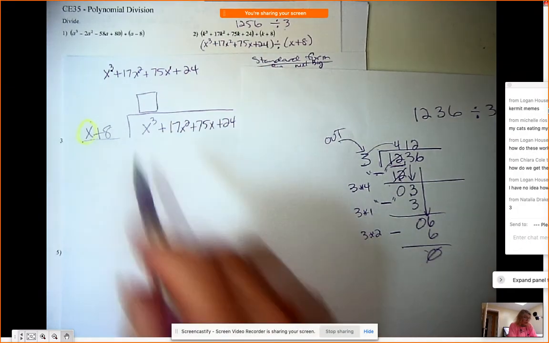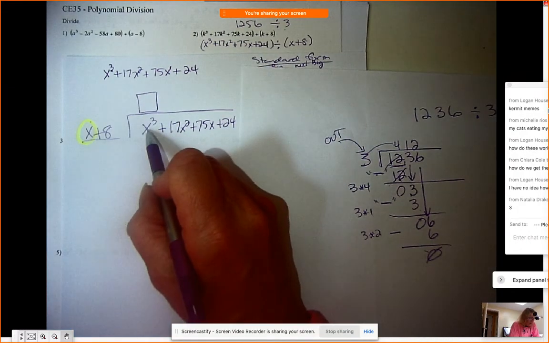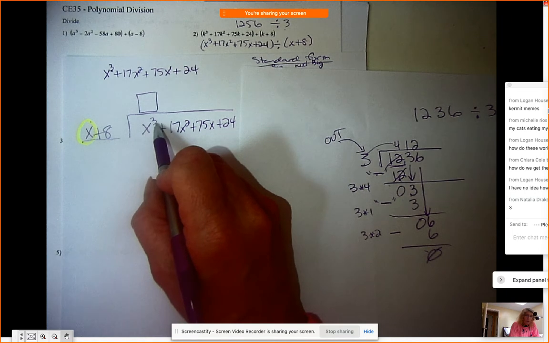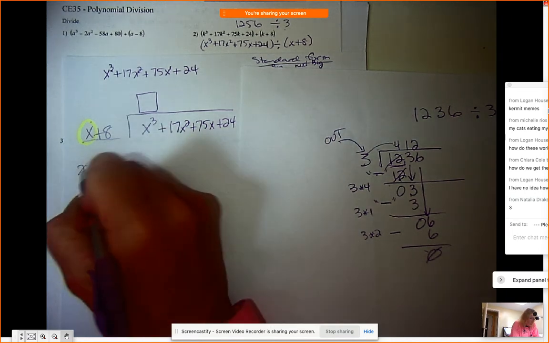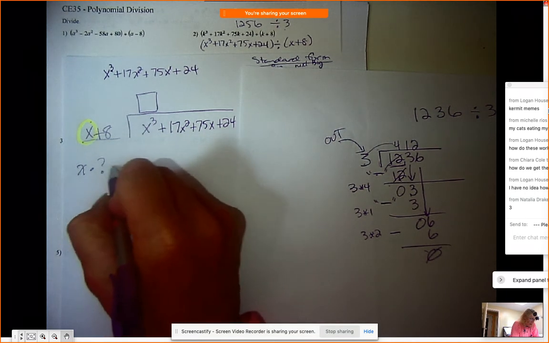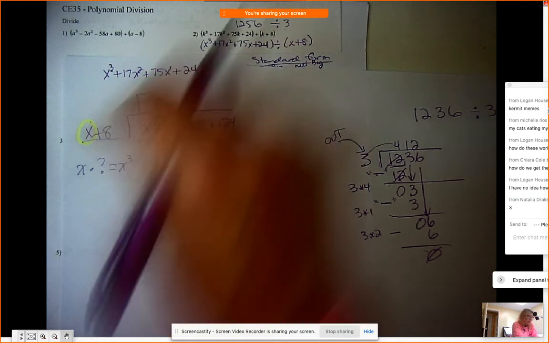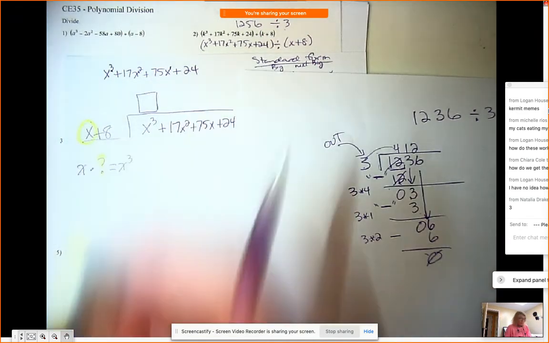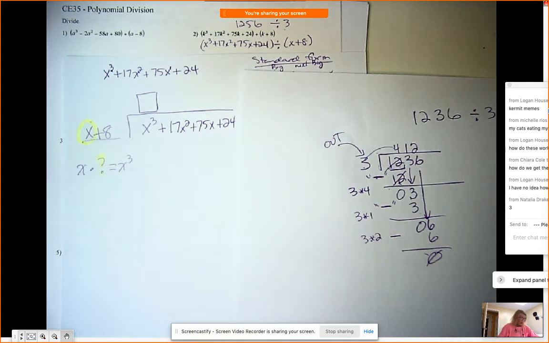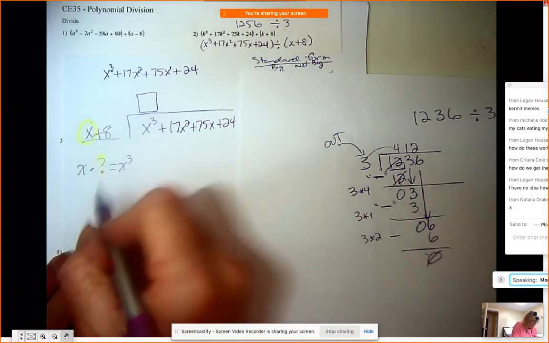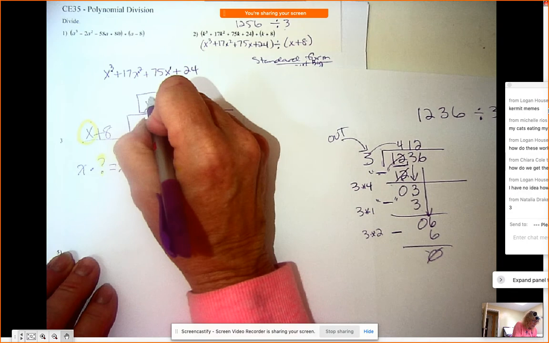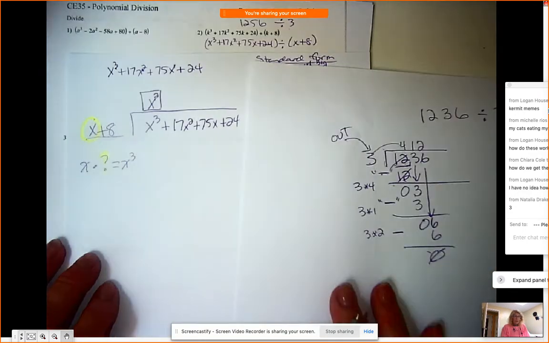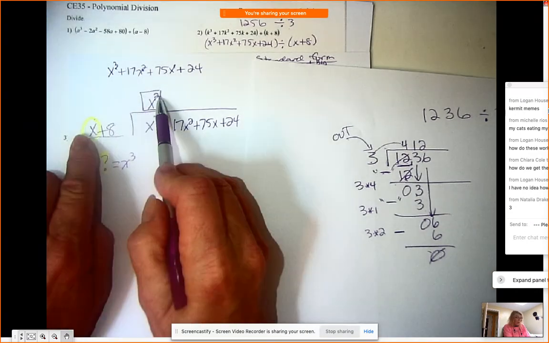And what I'd like is for it to be exactly x to the third power. So what do I need? X is going to multiply something, and I want it to be x to the third power. Somebody tell me, what do you think this question mark might be then? Would it be x to the second power? It would be. So I know this is going to be x to the second power, because x times x squared is x cubed.